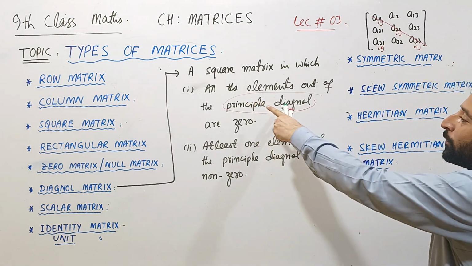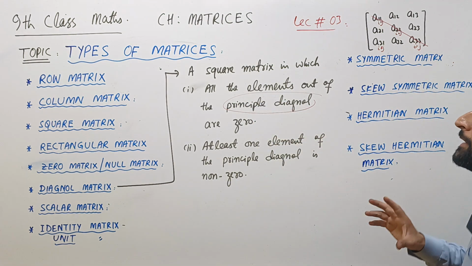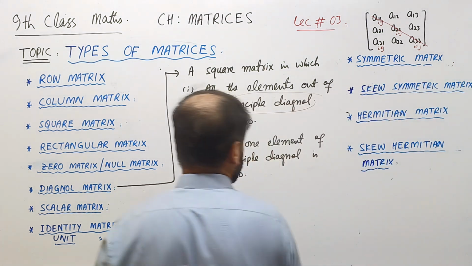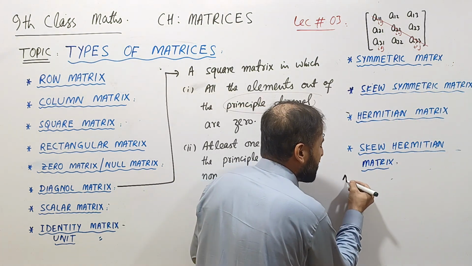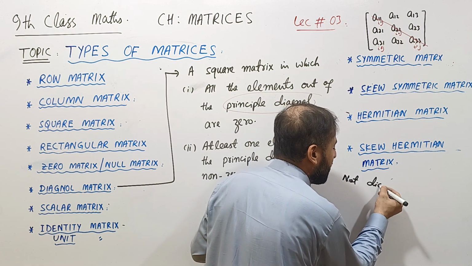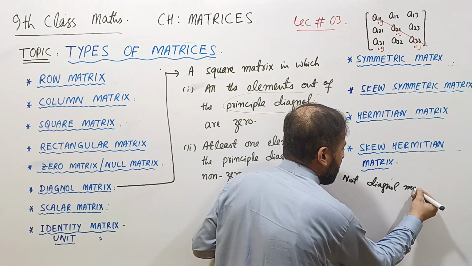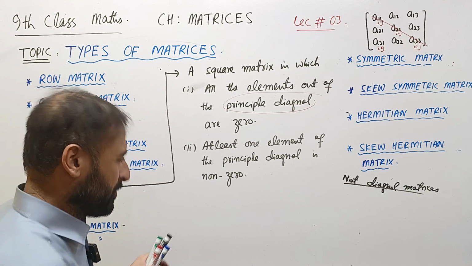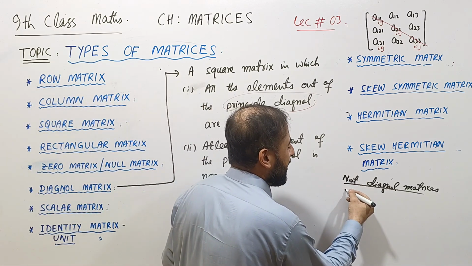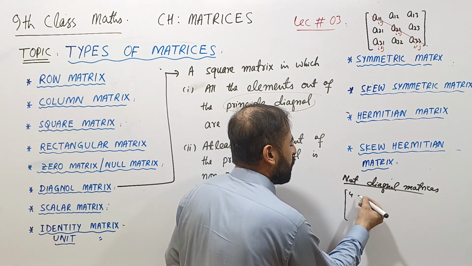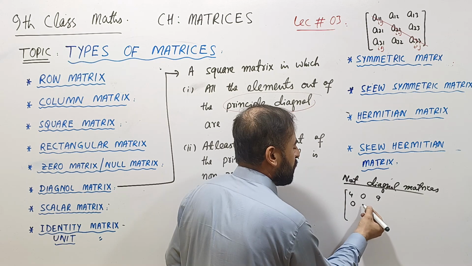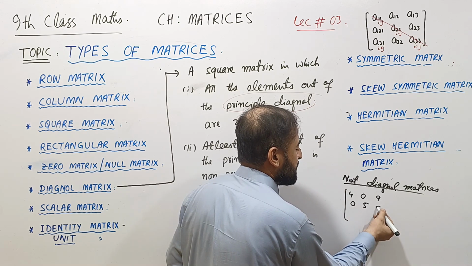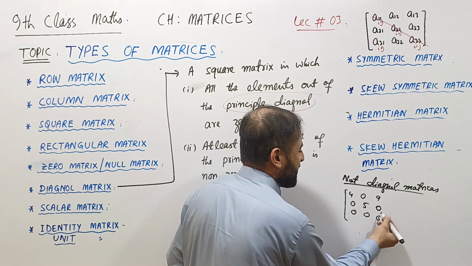So we have used the word principal diagonal. All the elements outside the principal diagonal are 0. Here first I give examples of not diagonal matrices. Just to save time, I have written them at the beginning. So students, not a diagonal matrix: 4, 0, 9, 0, 5, 0, 0, 0, 6.